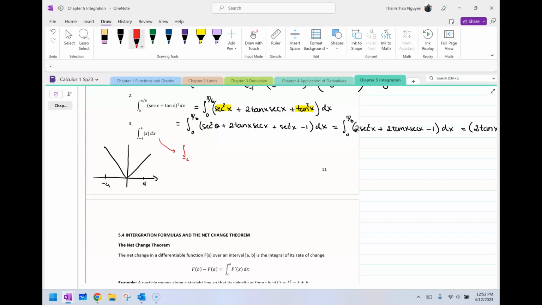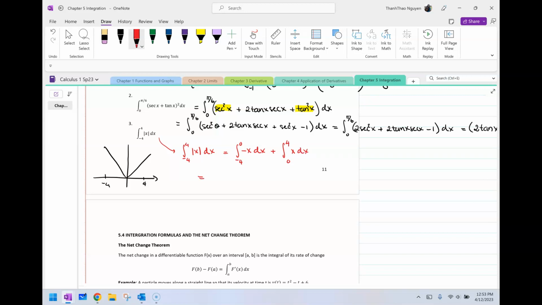The integral from negative 4 to 4 of absolute value of x dx is equal to the integral from negative 4 to 0 of negative x dx plus the integral from 0 to 4 of x dx.